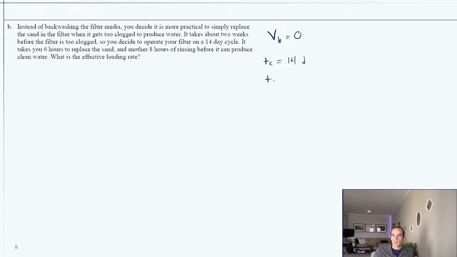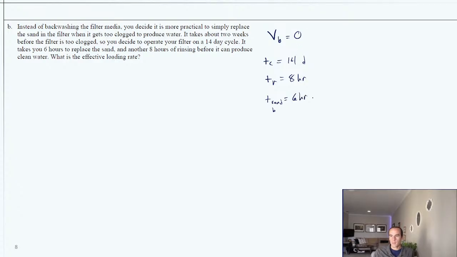Then we have time for rinsing. That would be the 8 hours. And then we have the time for backwashing, but this is just simply replacing the sand. So I'll just call this T sand. You might call it TB, but you don't want to mislead yourself thinking that you're actually making some volume of backwash water.